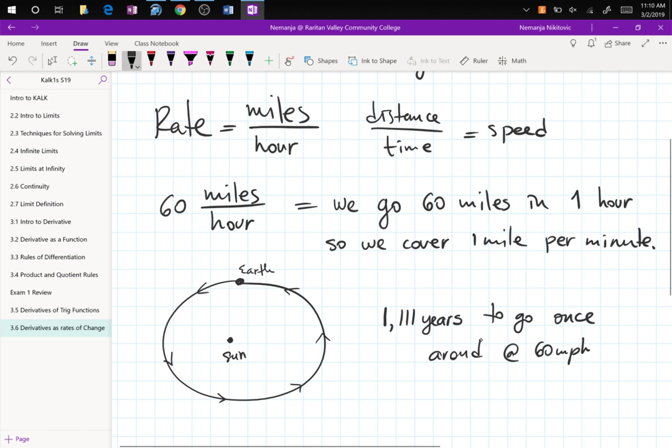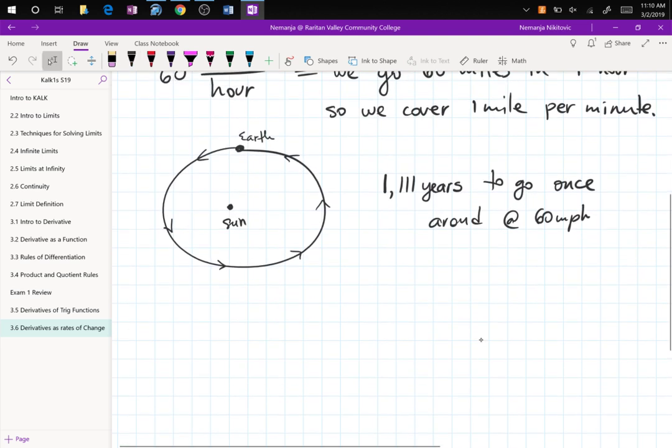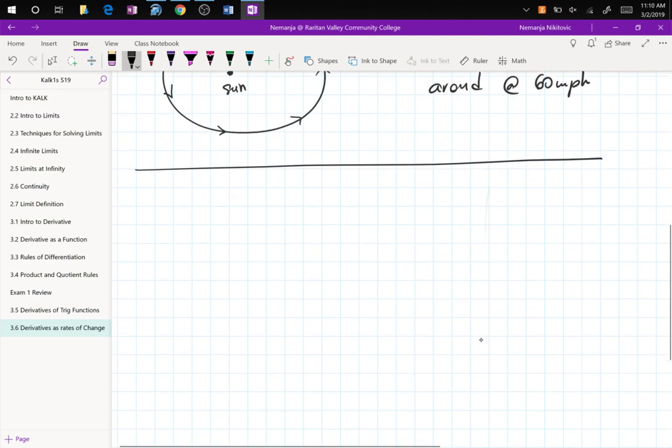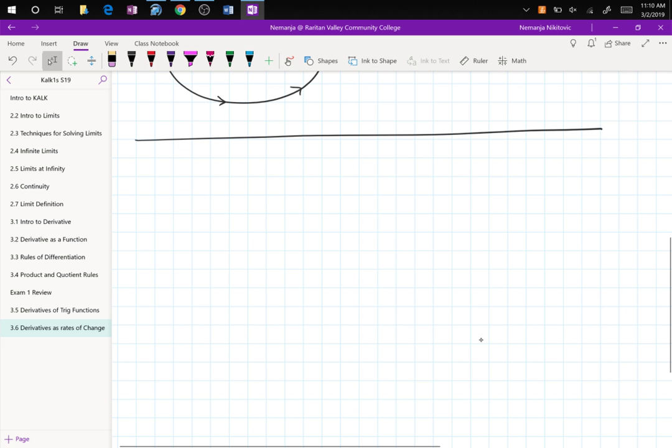So now, if I have a path, I will call that path S of t, which we say position function.